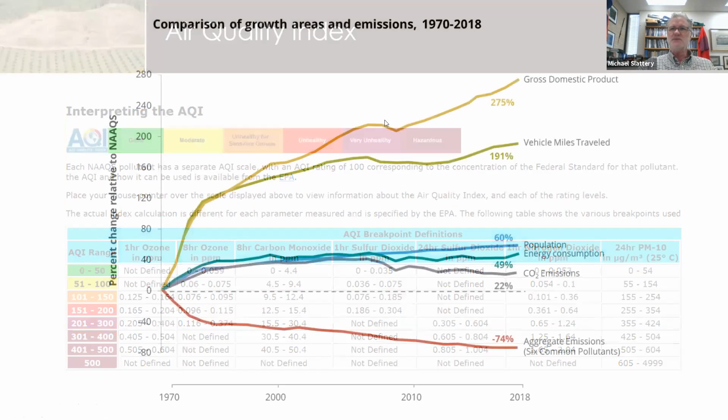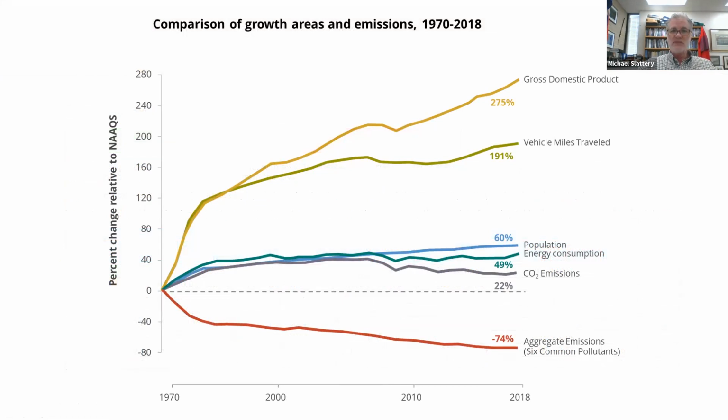So the really good news, everybody, in all of this is this diagram here, right? This is the environmental success story if we just set ozone aside for a minute. When you look at how these indices have changed over time from 1970 in the US, GDP is up, the number of vehicle miles is up, population has increased, energy consumption has increased, carbon dioxide emissions have increased. All of those have gone up.